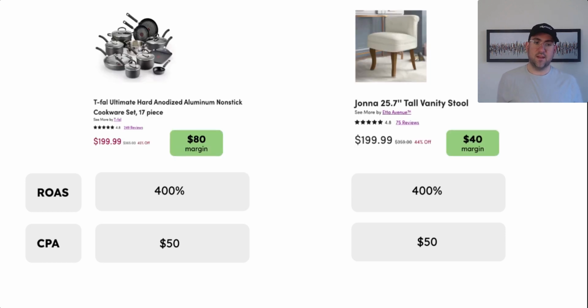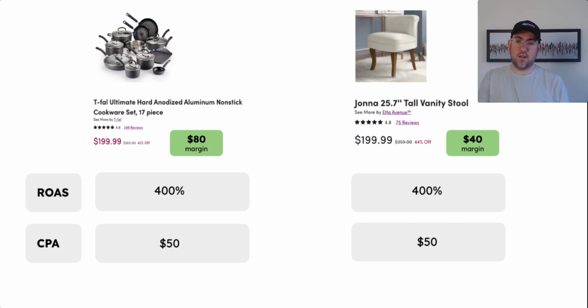So, like I said, there are different margins that you're taking home from these products. This cookware example has strong margins, and you're able to take home $80 from the sale. The stool, however, has worse margins, and you're taking home $40. Again, when you look at the ROAS and the CPA, this account is treating both of these products exactly the same.